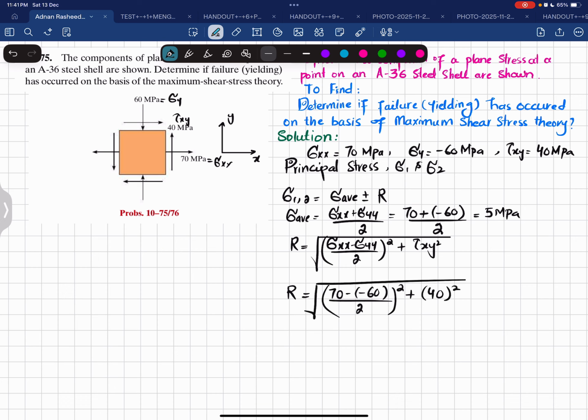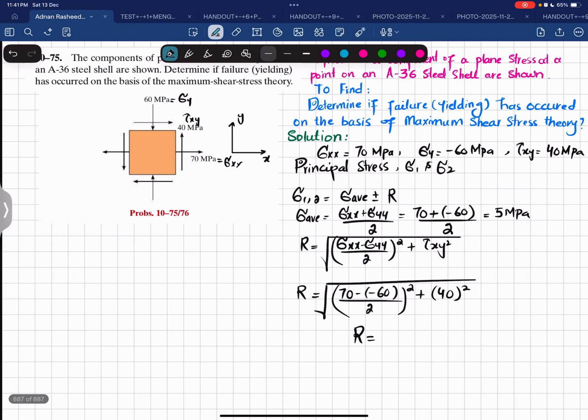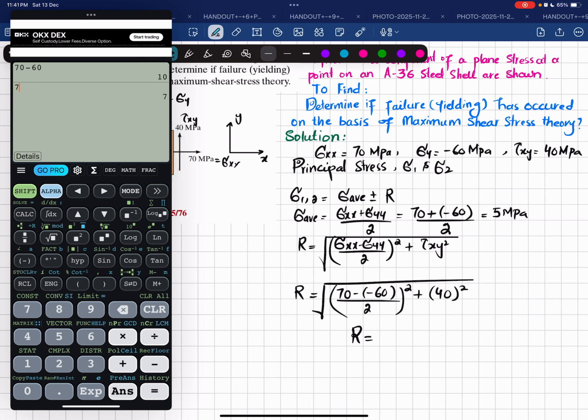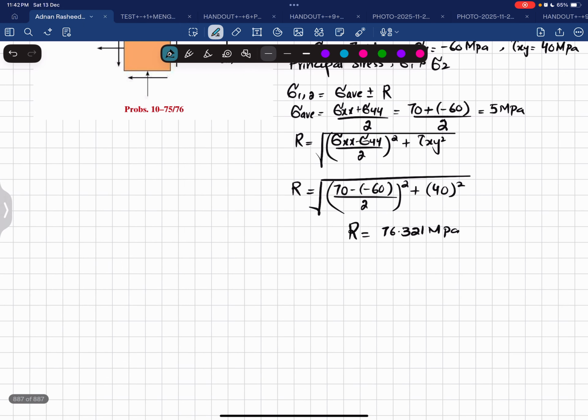Let's calculate that. 70 plus 60 divided by 2 is 65. So answer square plus 40 square, under the root, will give you 76.321 megapascal.